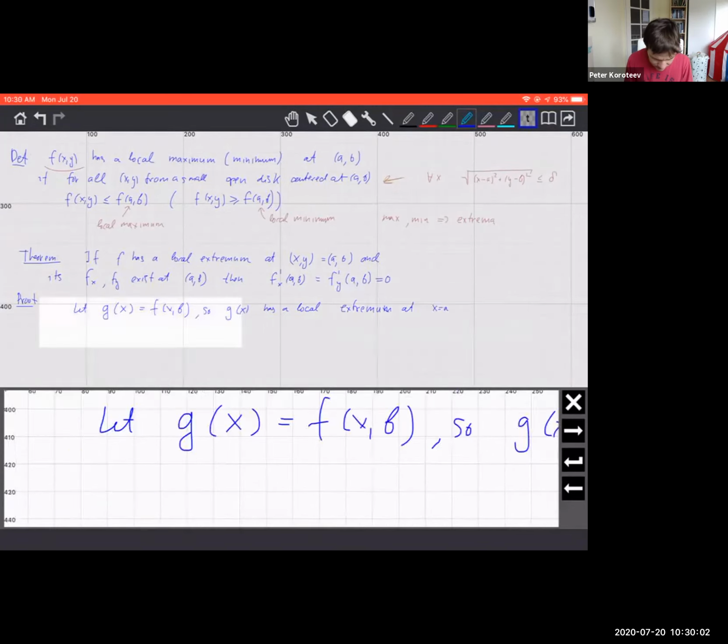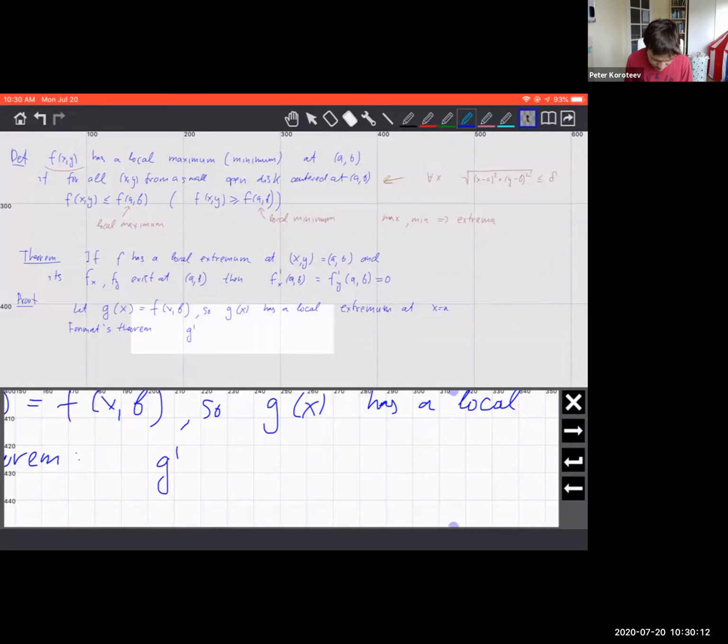And now we can use Fermat's theorem from the calculus. So the single variable version says that g prime of a should be equal to 0.